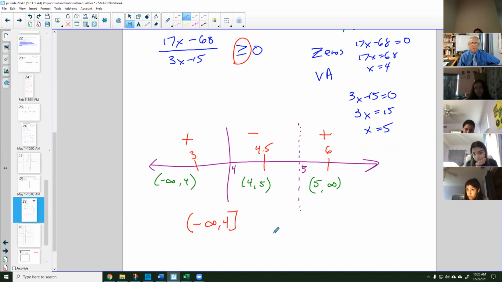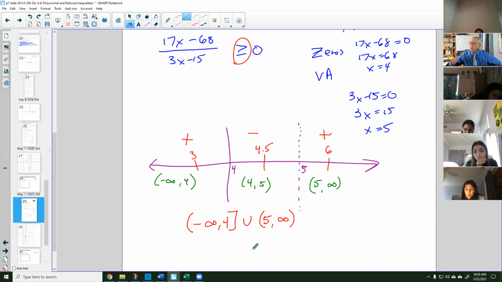That's good. And then union 5, comma, infinity, with parentheses. Why parentheses around the 5? Because it's a vertical asymptote, not a 0. That's right. It's not part of the function. There is no x there at 5.